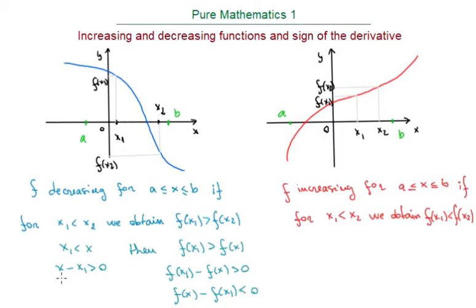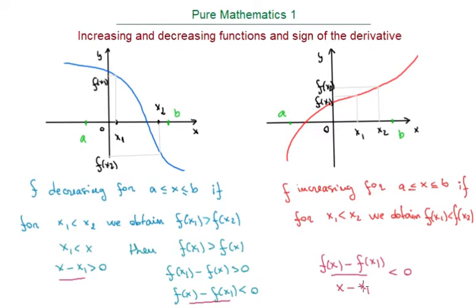Now we have here a number that is greater than 0 and a number that is less than 0. The ratio we can make out of these two will be a number that is then less than 0 because we have negative over positive. In other words, f of x minus f of x1 over x minus x1 will be less than 0.